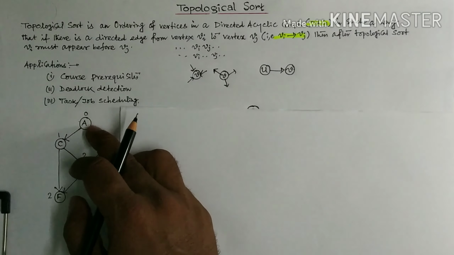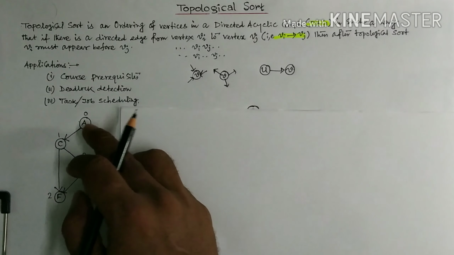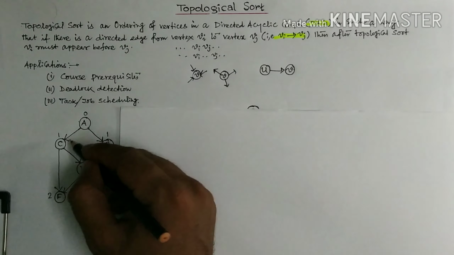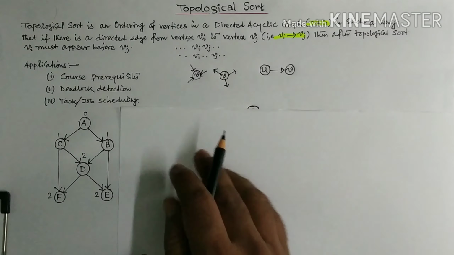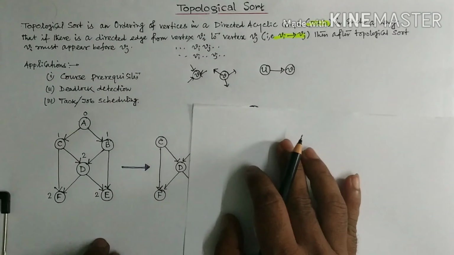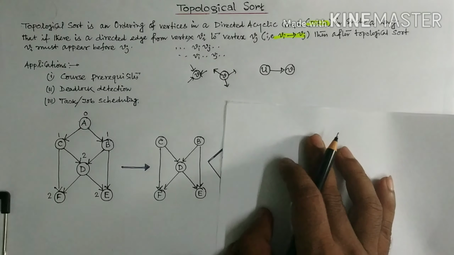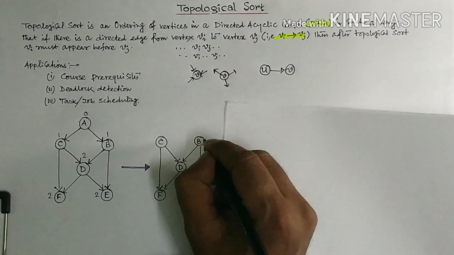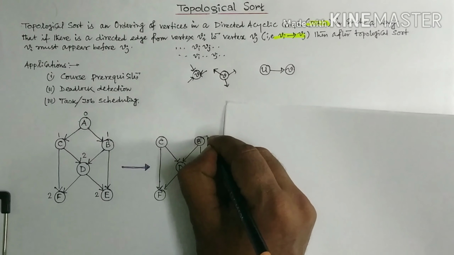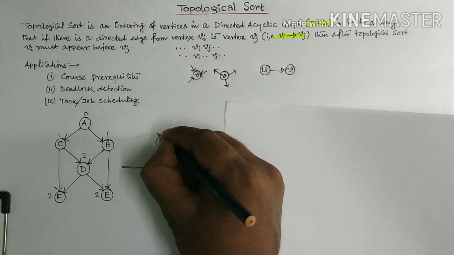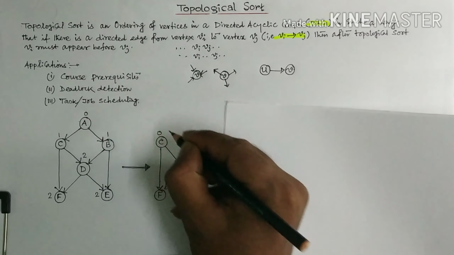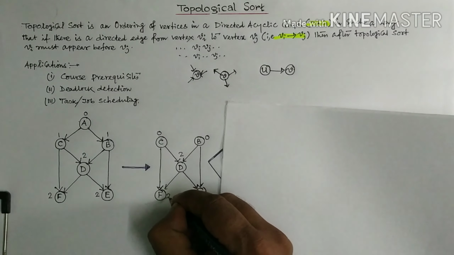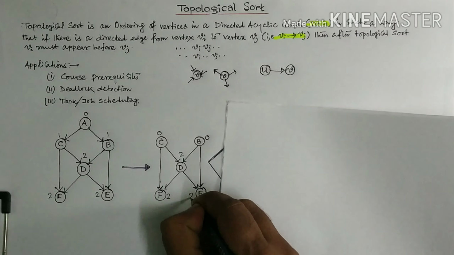Delete the node A having in-degree 0, so the edges going out from A, that is AC and AB, will be deleted. So the graph now becomes like this. And update the in-degree of B and C. So now the in-degree of B is 0 and of C is 0, D is 2, F is 2 and E is 2.